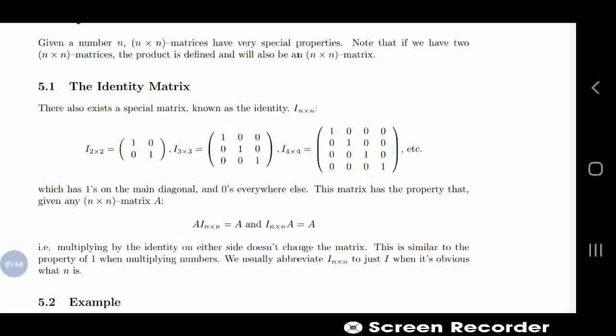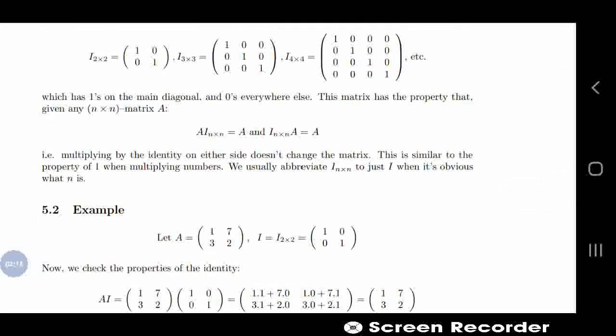We call it I n by n, and I 2 by 2 is equal to 1 0 0 1. I 3 by 3 is equal to 1 0 0, 0 1 0, 0 0 1, like this. I4 means like this. You have to keep the 1 in the middle, the diagonal, like that.